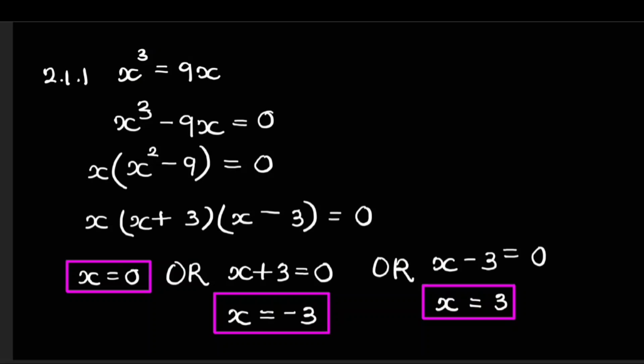So if your exponent is a 3 where you have x cubed, it tells you that that equation can have at most 3 different answers for x. It's not always the case where you'll always have 3 if it's x cubed, but at most, right, there can be a maximum of 3 values. So here we ended up with 3 different answers.